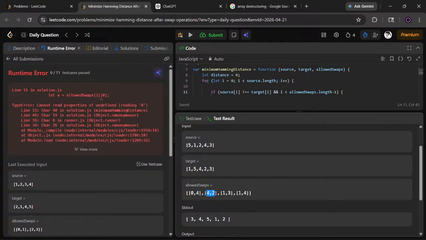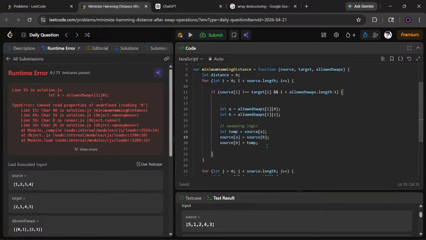How is the logic working? Why is the swapping happening wrong? A, temp will be storing A and A will be stored in B and B will be having temp. This is proper, bro. This is a proper structure.